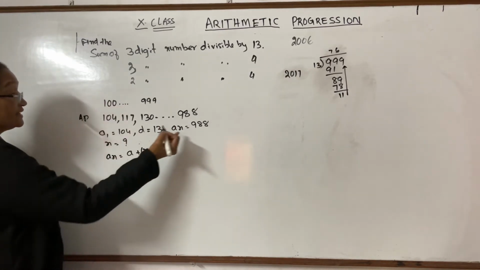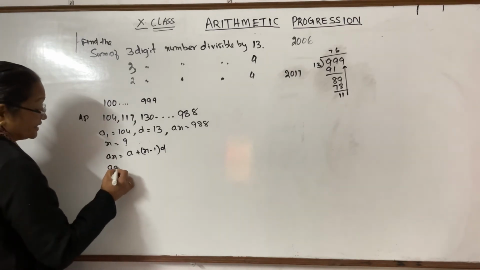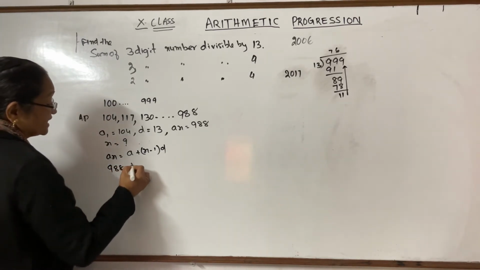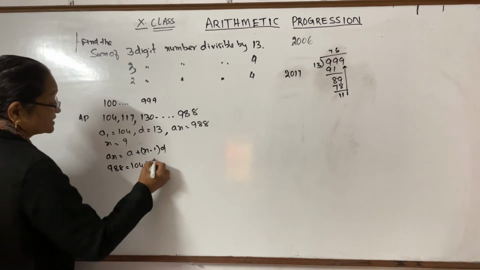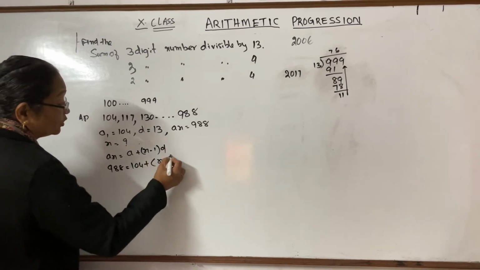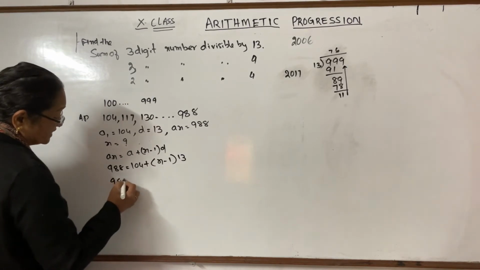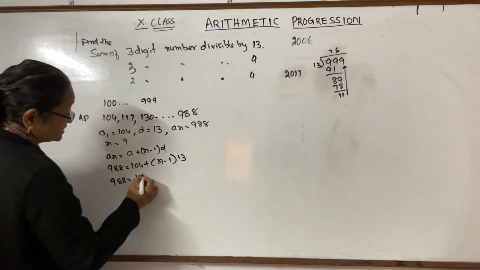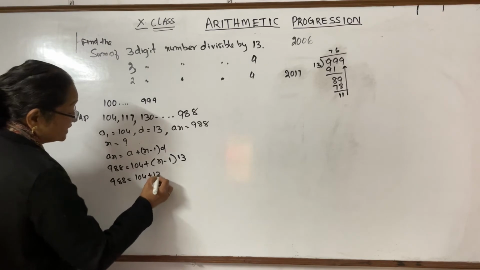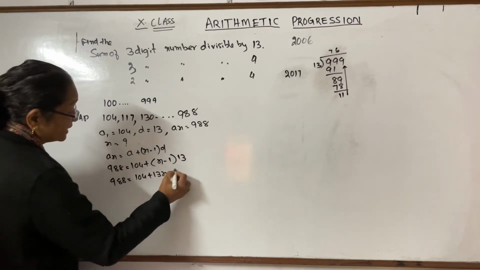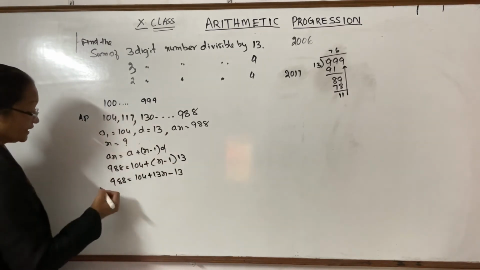What is our nth term? 988. What is a? 104 plus n minus 1 into d. What is our d? d is 13. So 988 equals 104 plus 13n minus 13, 13 ones are 13.